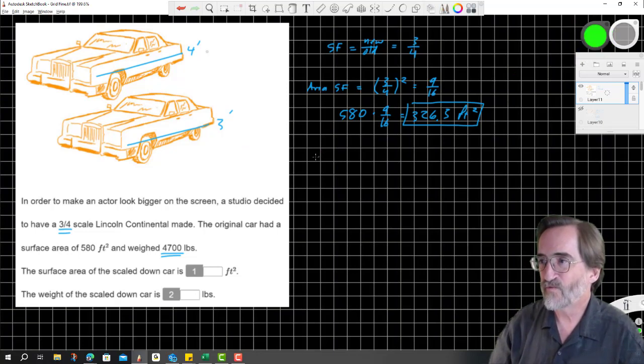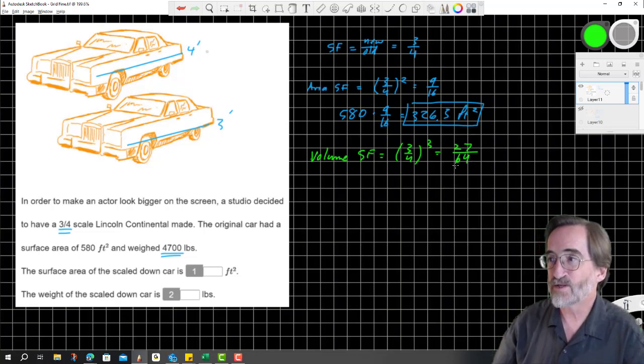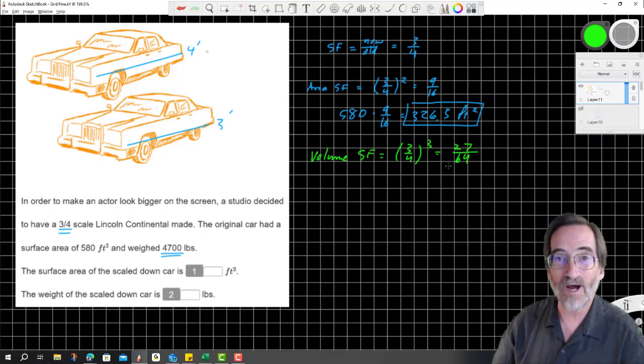If the scale factor is 3/4, then the volume scale factor is going to be 3/4 to the 3rd power, which is 3 times 3 times 3, which is 27, over 4 times 4 times 4, which is 64. So 27/64. Notice now the ratio is well under half, like 40% or so, and the scaled down car is going to weigh less than half the original car. That's not intuitively natural, is it?